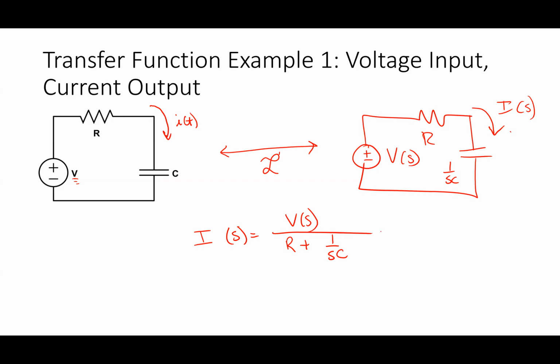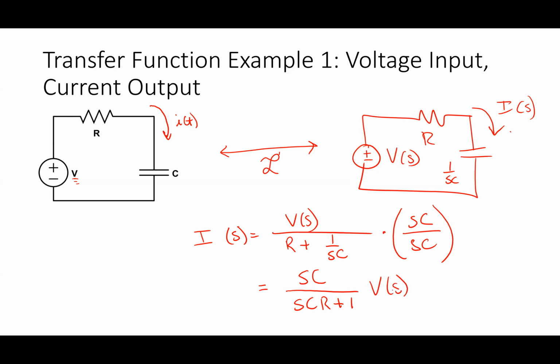So what I'm going to do here is multiply top and bottom by SC. That's equivalent to multiplying by the number 1, because SC divided by SC is obviously equal to 1. That turns this into SC over SCR plus 1 times V of S.